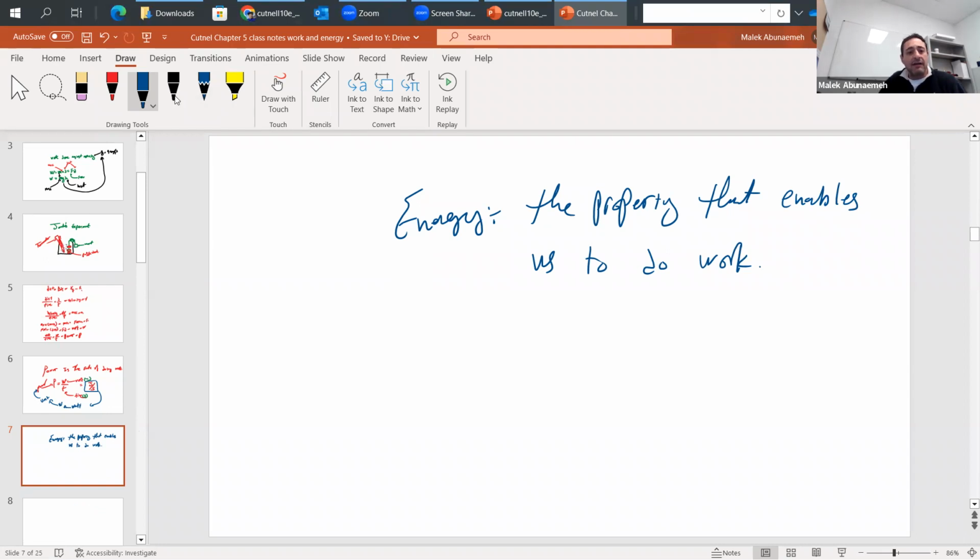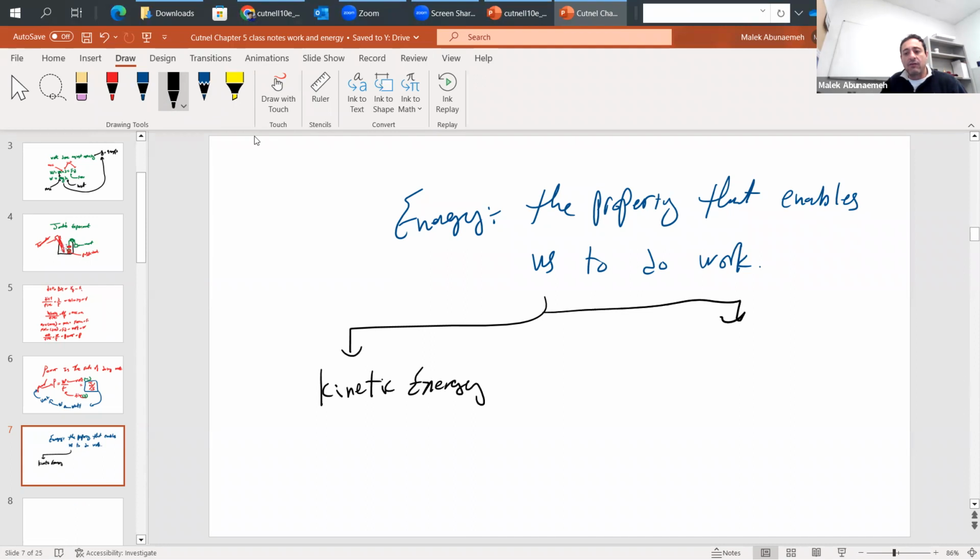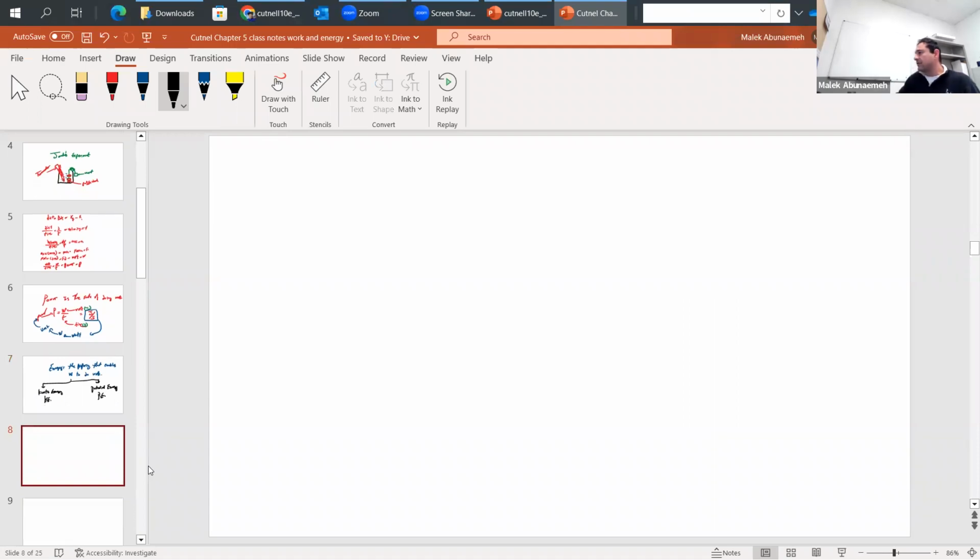The first one is your kinetic energy. And your second one is your potential energy. Kinetic energy is KE, potential energy is PE. So let's go talk about kinetic energy.